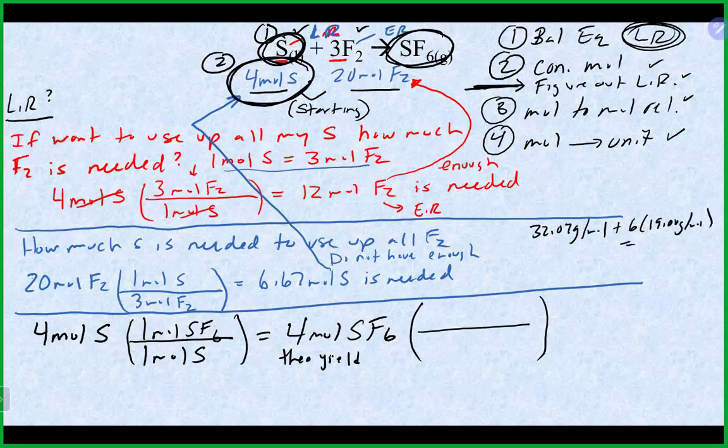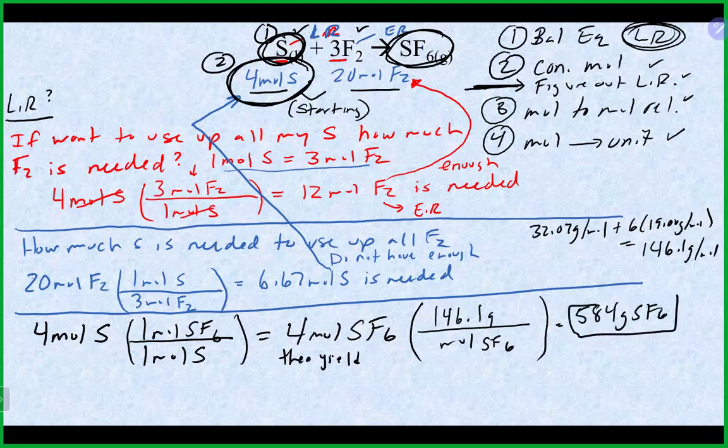And that would give us 32.07 plus 6 times 19, which gives us 146.1 grams per mole. And just like basic stoichiometry problems, we can now finish it up like normal using our limiting reagent's starting amount. And we would end up with something in this case like 584 grams of SF6 produced. That would be our theoretical yield.